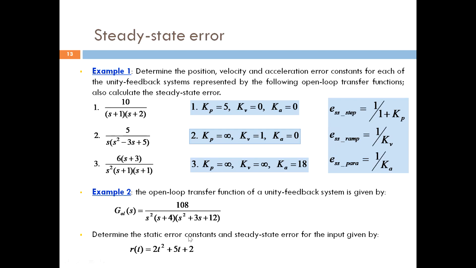And when you derive the Laplace transform of this expression, you will notice that it's basically a combination of the three input types that we have been considering, which is the step input, ramp input, as well as a parabolic input.